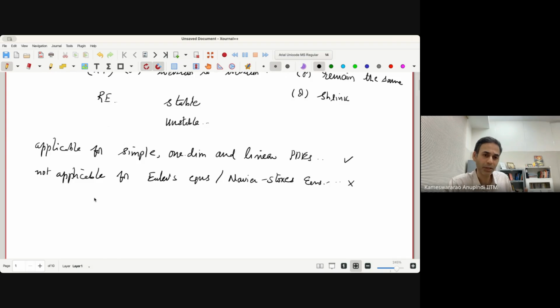Because the analysis gets very difficult, and you won't be able to find whether the method is stable or not. However, we will still use the simple one-dimensional linear PDEs, and the schemes applied to these PDEs, to guide us in choosing schemes for the general Navier-Stokes equations or Euler equations.